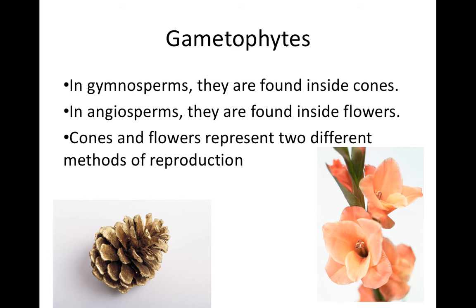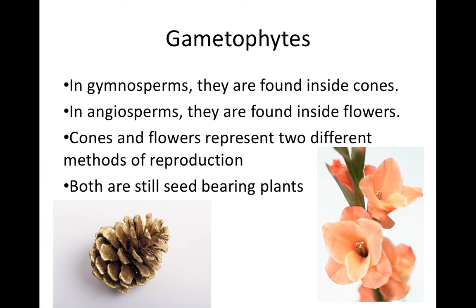There is a sperm cell and an egg cell, or sperm cells, I should say, and egg cells that are made in these reproductive structures. And in some shape or form they're going to come together to produce a fertilized zygote that will grow into a sporophyte one day.